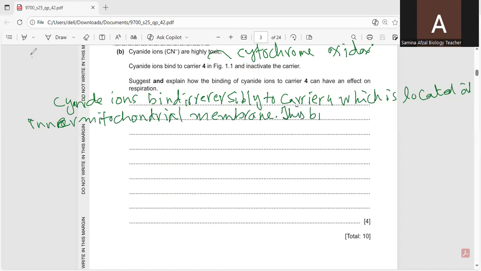This binding inactivates or inhibits the enzyme.